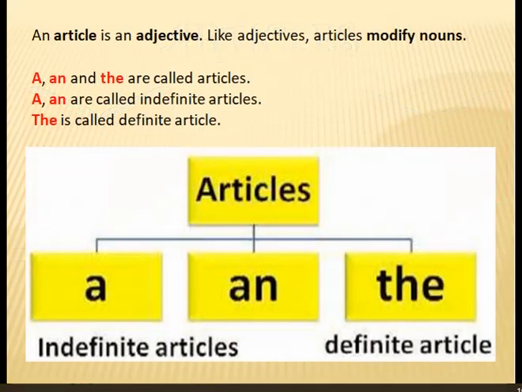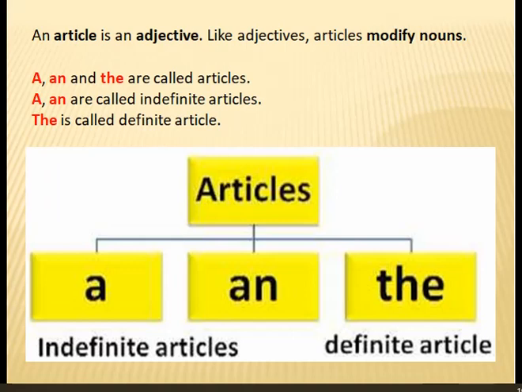An article is an adjective. Like adjectives, articles modify nouns. In English, a and the are called articles. A and an are called indefinite articles and the is called definite article.